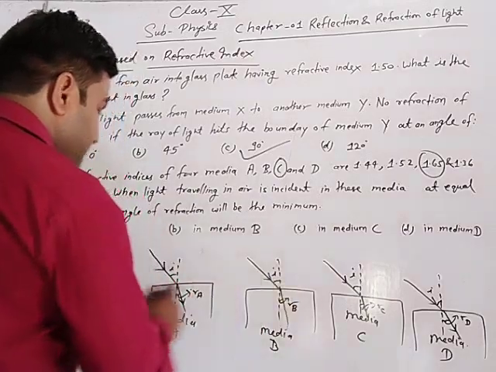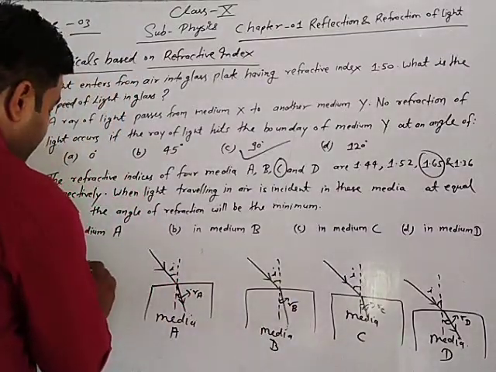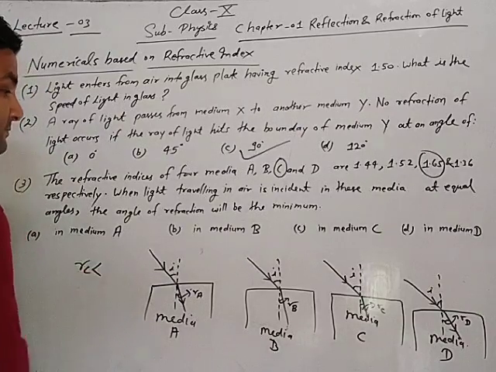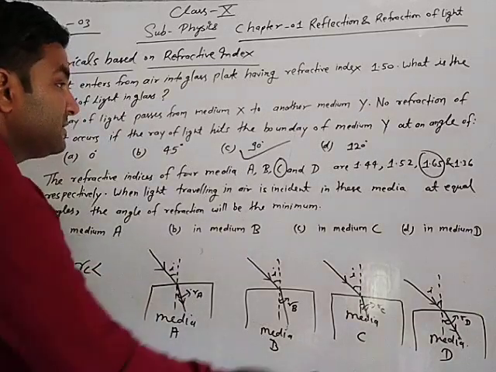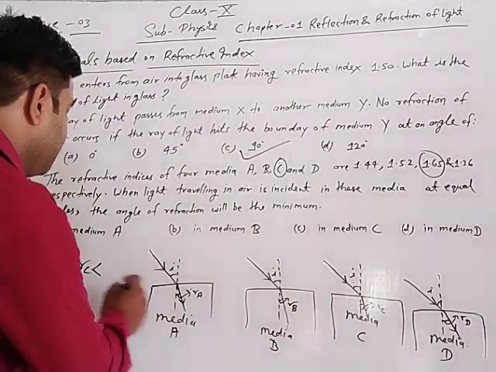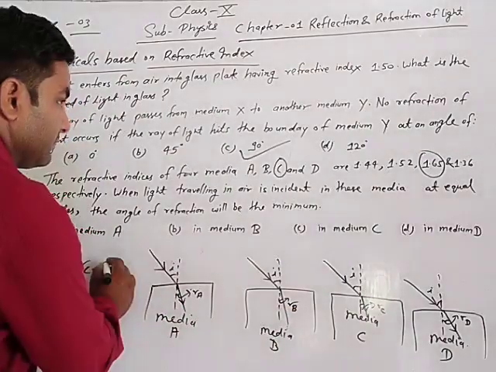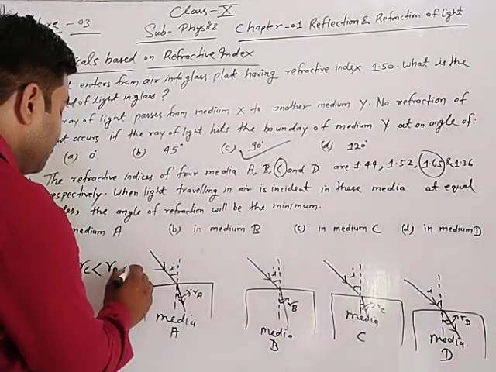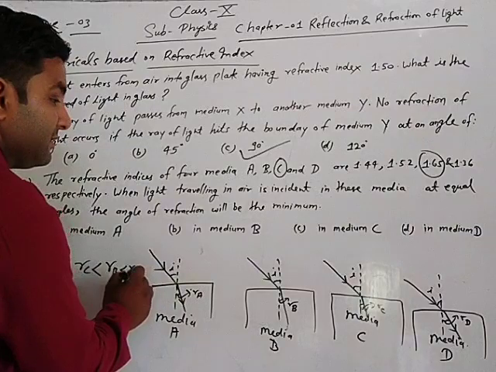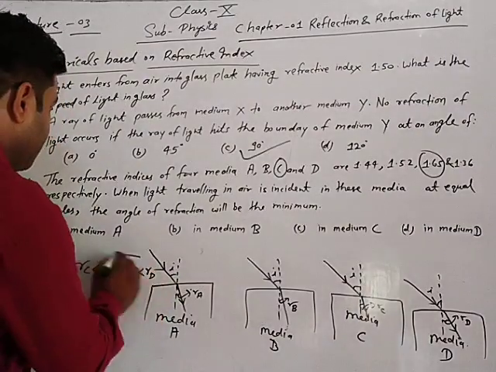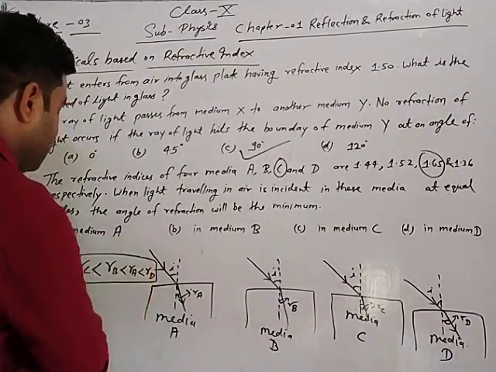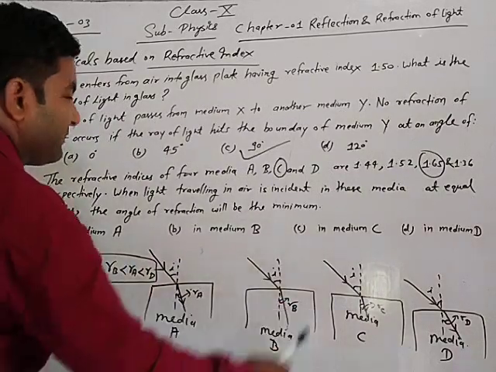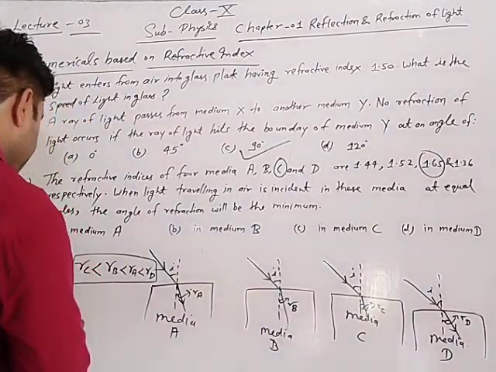So the angle of refraction RC is less than RB, which is less than RA, less than RD. This is the sequence. So in the solution of this problem, the angle of refraction is minimum for medium C.